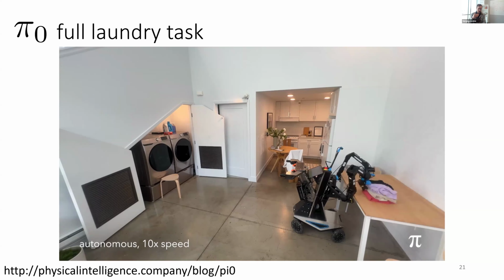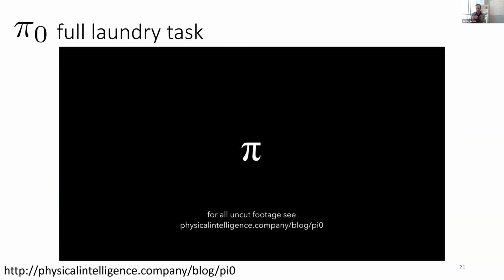It outputs chunks of about 50 time steps, and then it recomputes them about every 25 time steps, which means that in a fast-moving dynamic environment where things change, that might not be good enough. So we've been experimenting quite a lot with ways to speed that up, to use incremental inference techniques. And we have some initial results that we hope to be able to share maybe in a month or two.